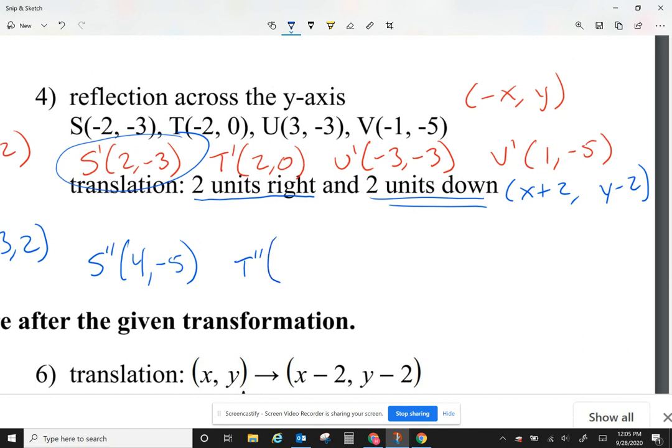Add 2 to x, so that gives me 4. Subtract 2 from y, that gives me negative 2. Now looking at U double prime, that gives me (-1, -5). And lastly, V double prime gives me (3, -7).